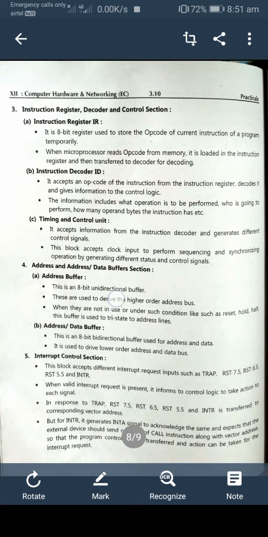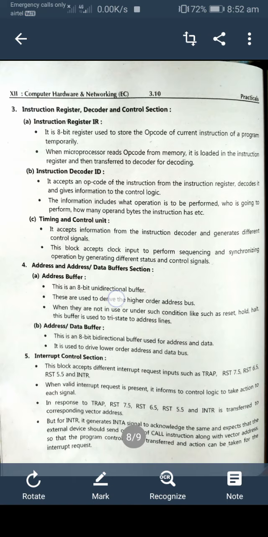Instruction register, decoder and control section. Instruction register IR. It is an 8-bit register used to store the opcode of the current instruction of a program temporarily. When the microprocessor reads the opcode from memory, it is loaded in the instruction register and then transferred to the decoder for decoding.